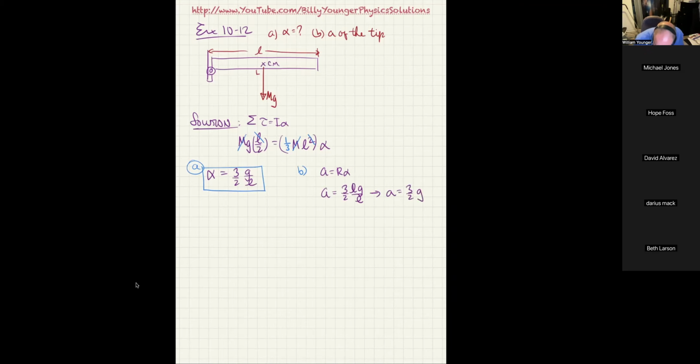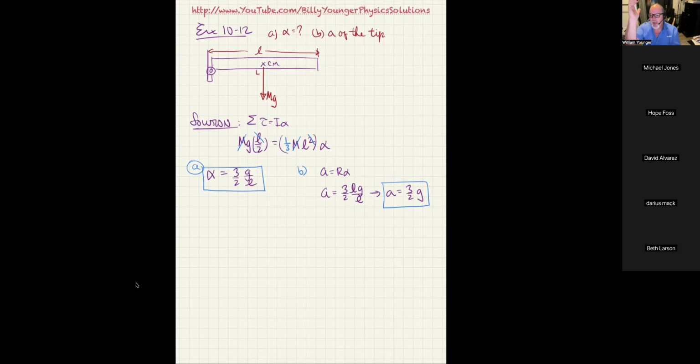Now, this is a very common thing when the force is acting on the center of mass of a system. That means things that are further out in rotation from the center of mass can rotate at accelerations greater than gravitational acceleration.